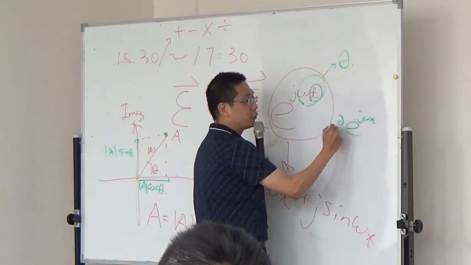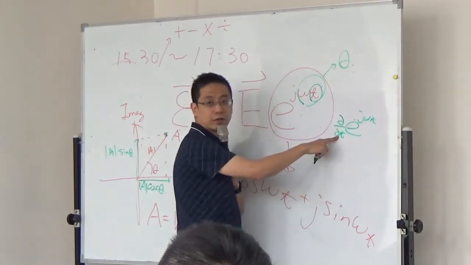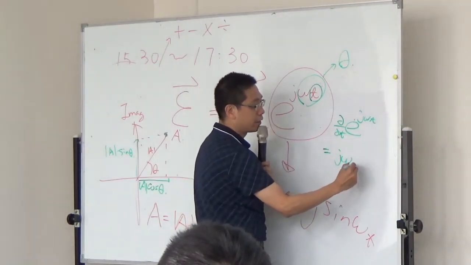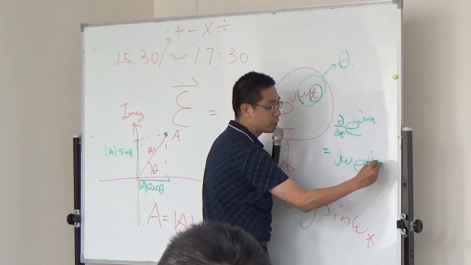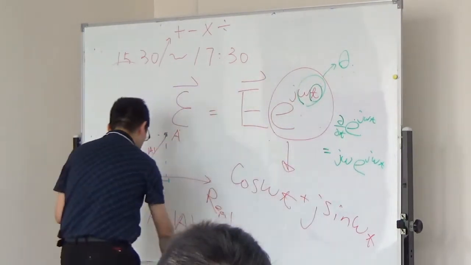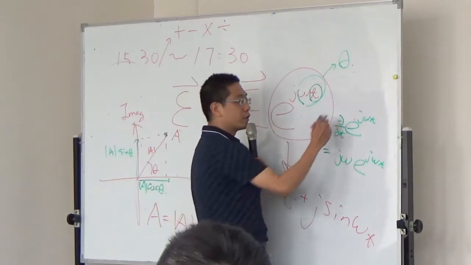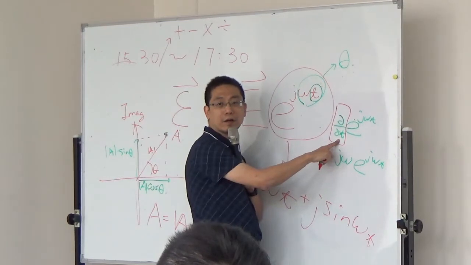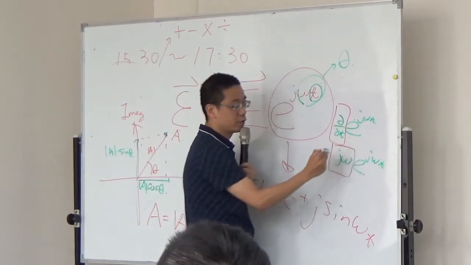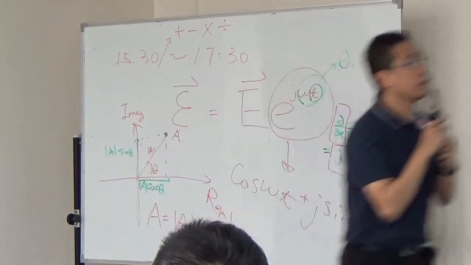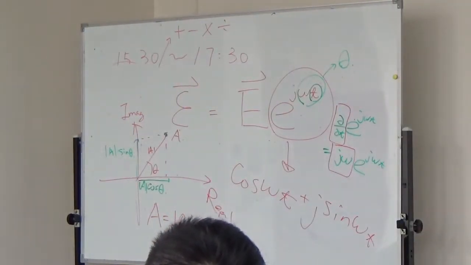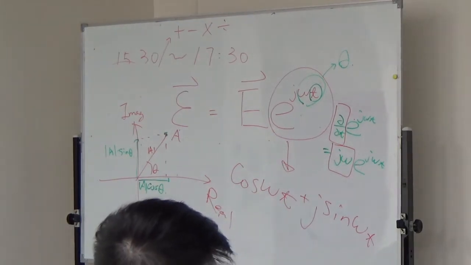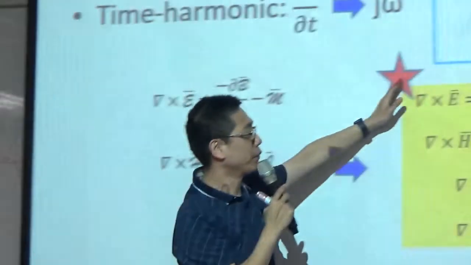So if we derive this term it equals j omega exponential j omega t. We can think of the partial operator with respect to t as equal to j omega. That's why I wrote this down, and this is why this form can directly become this form.